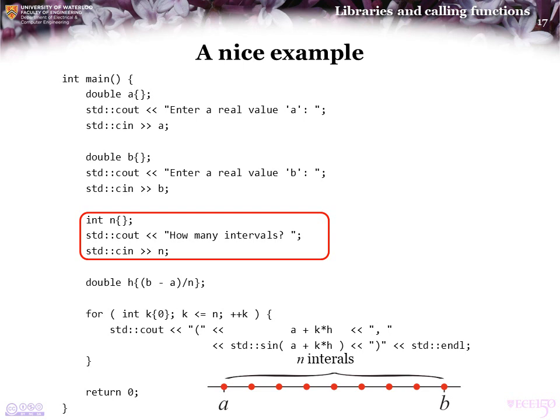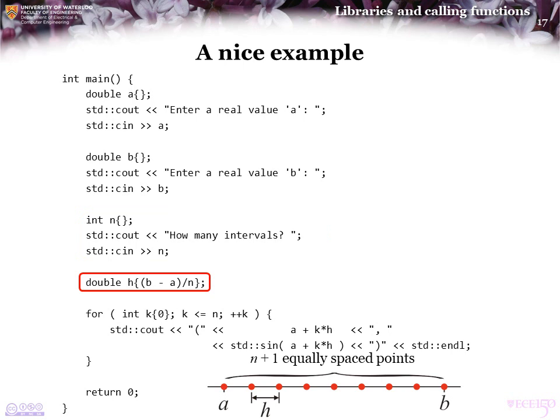This, of course, will be some positive integer value. Now, if we have n subintervals, then that means we have n plus 1 equally spaced points. The distance between any two of these points is given by the formula (b minus a) over n.